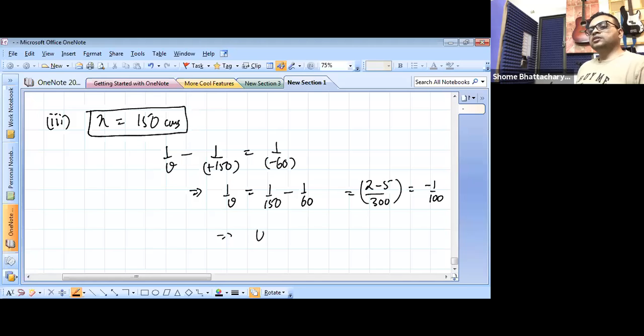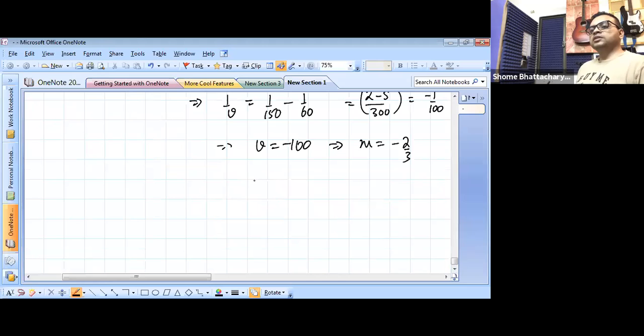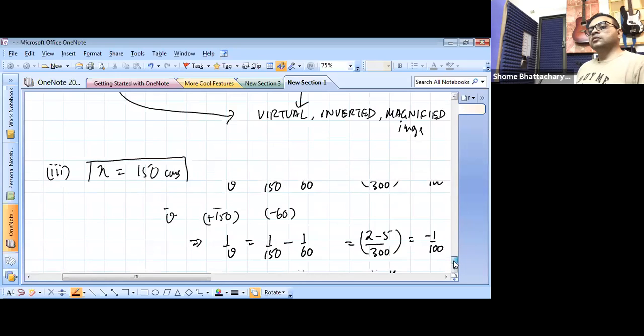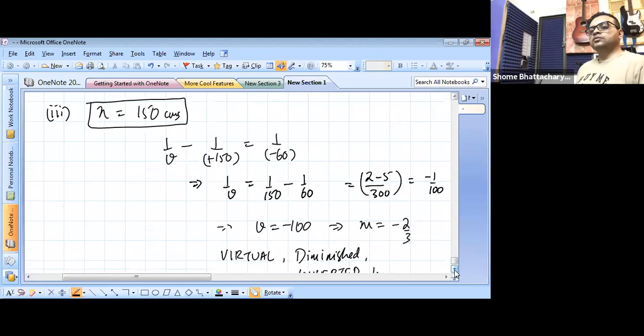We are getting v as minus 2. It means we are getting the magnification factor as minus 2 by 2. You can see that this is giving us a virtual but diminished, inverted image. That is what this equation means.